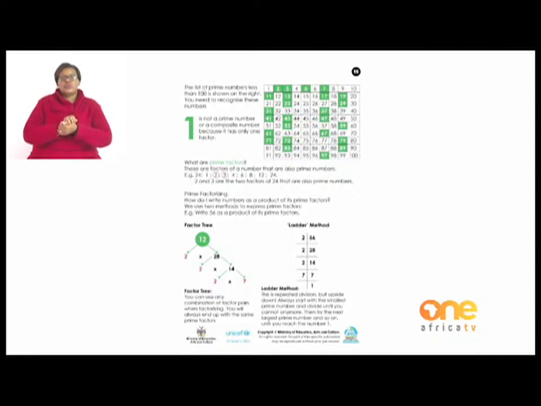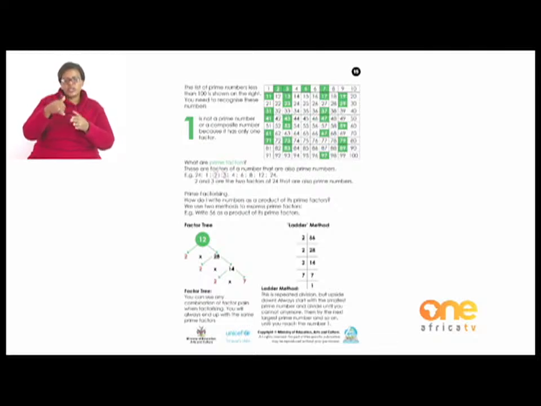To explain in detail, as read at the bottom, you can use any combination of factor pairs. When factorizing, you always end up with the same prime factors. The ladder method is repeated division, but upside down. Always start with the smallest prime number and divide until you cannot anymore.